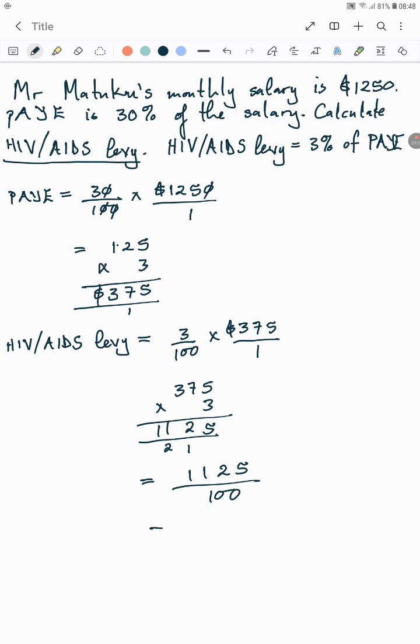When you divide by 100, you're just moving your comma 2 times to the left. So our answer is going to be $11.25.